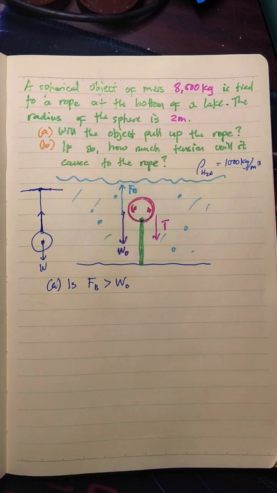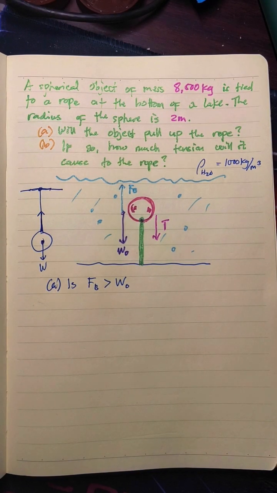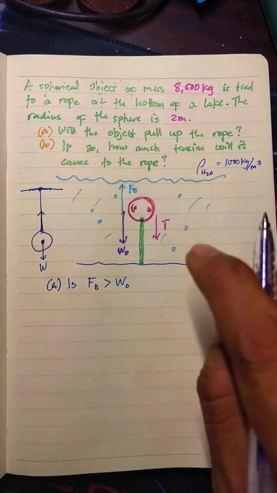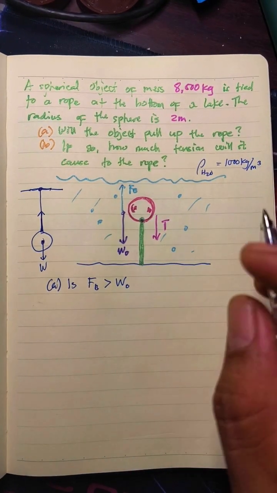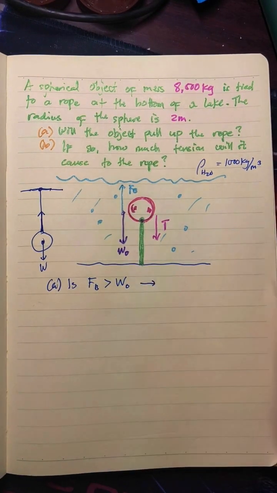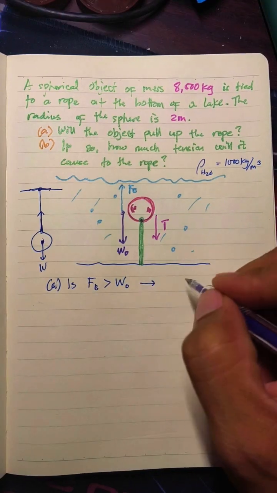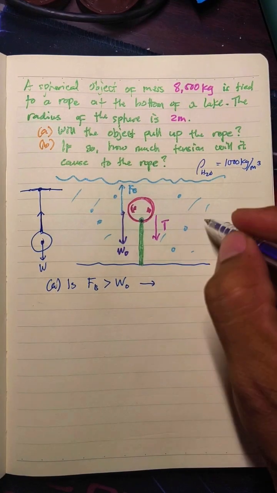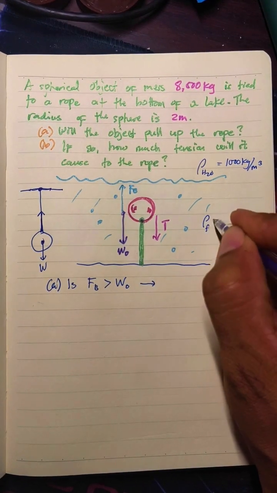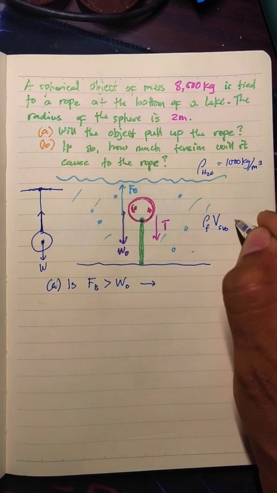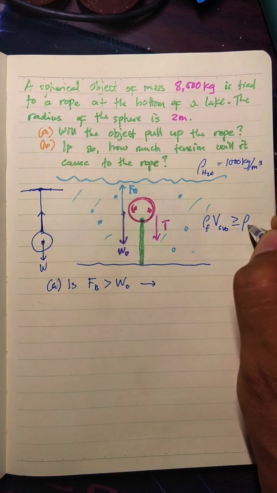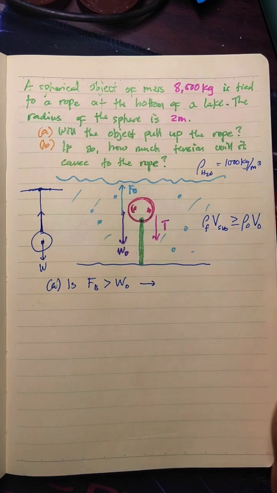For this to be true, we know that this is equivalent to the condition that the density of the fluid times the submerged volume must be greater than or equal to the density of the object times the volume of the object.